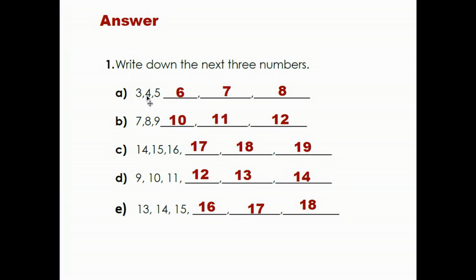So based on the pattern, the answers will be 6, 7, 8, 10, 11, 12, 17, 18, 19, 12, 13, 14, 16, 17, 18. Based on this, compare your answers and take corrections if you have any.